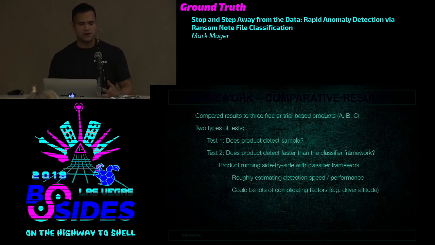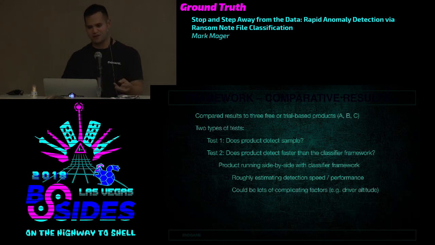So in order to get a better idea of what this really brings to the table, I wanted to produce some comparative results. I wanted to compare the capabilities of this framework versus what else is out there in terms of free ransomware detection capabilities.